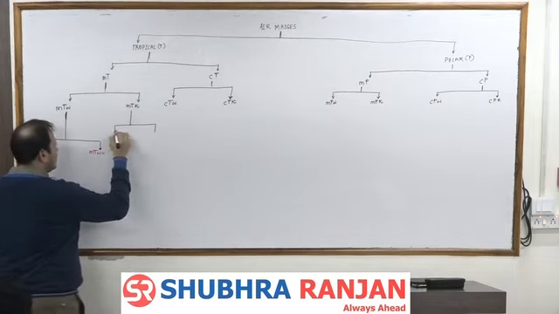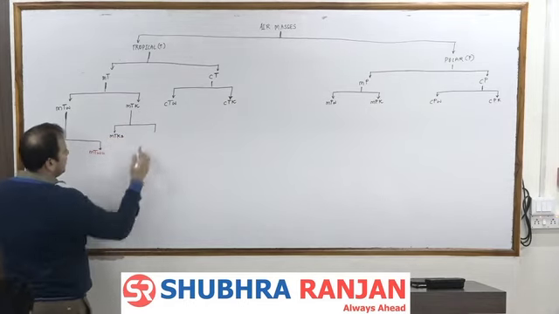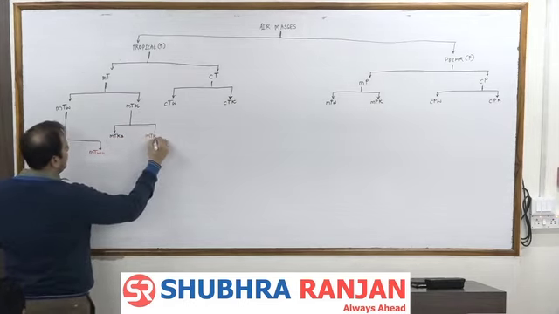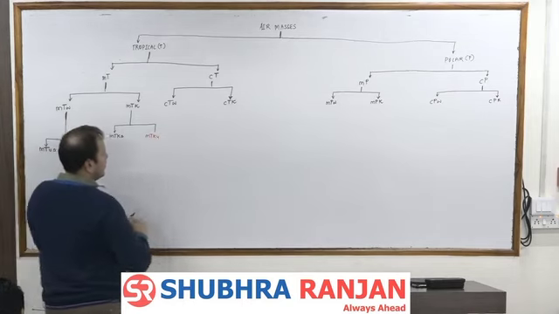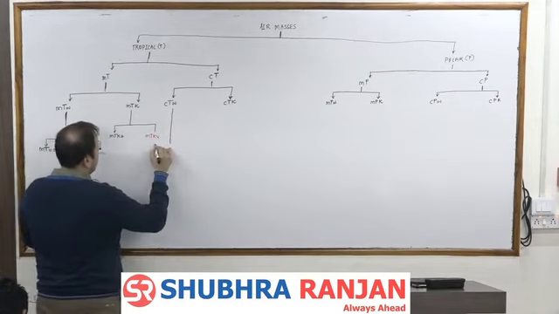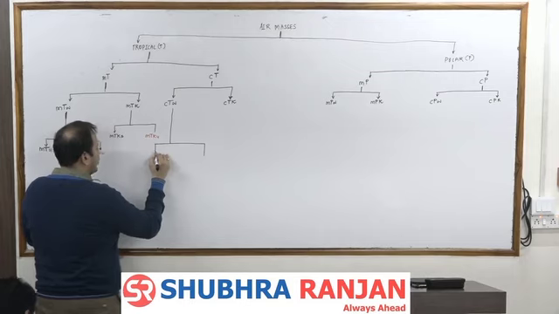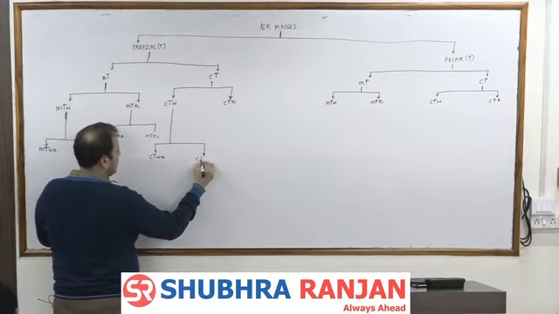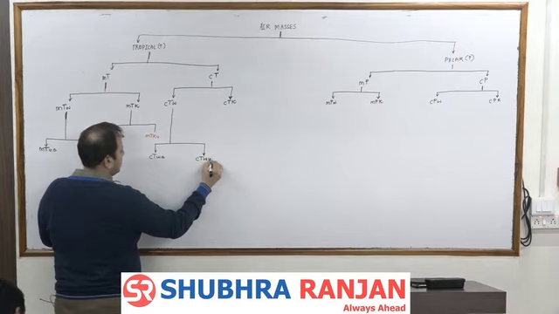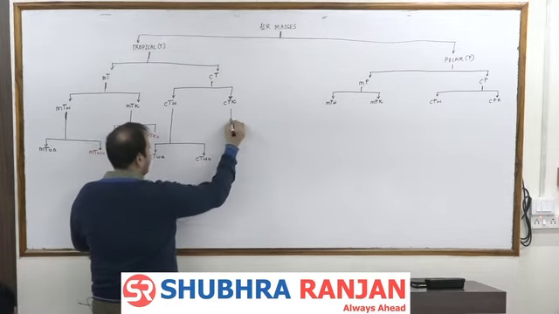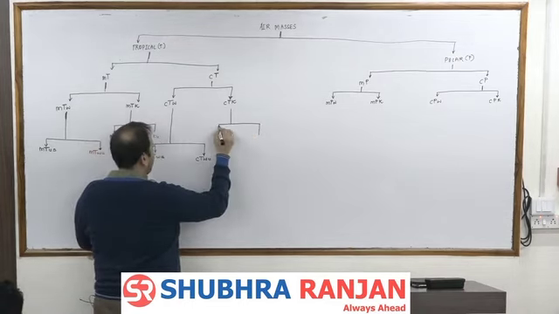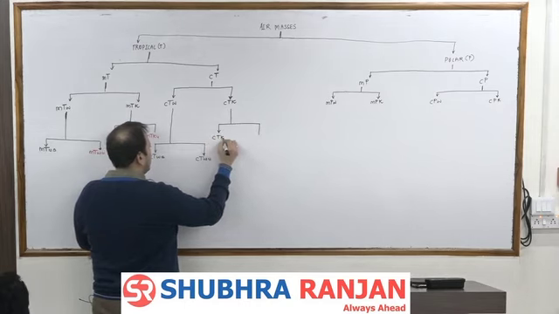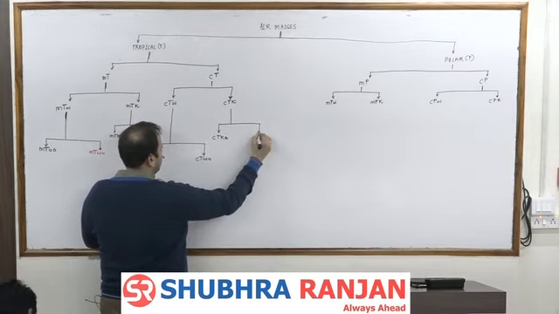Maritime tropical cold stable, maritime tropical cold unstable. Continental tropical warm stable, continental tropical warm unstable. Continental tropical cold stable, continental tropical cold unstable.